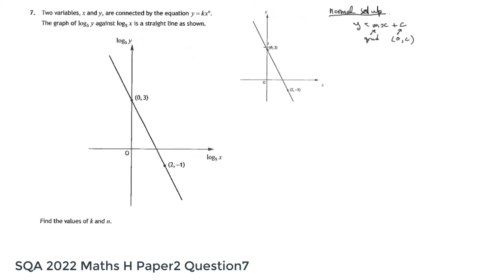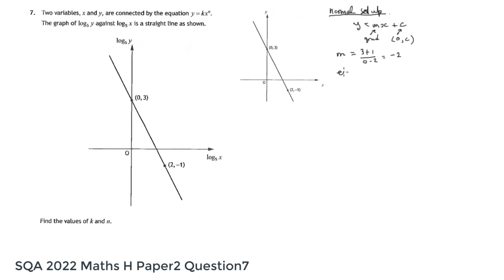So we have the y-intercept 0, 3, we don't have the gradient, so let's figure out the gradient. That's the y difference, 3 minus negative 1, over the x difference, 0 minus 2. And that's 4 over negative 2. So the gradient on this line is negative 2.